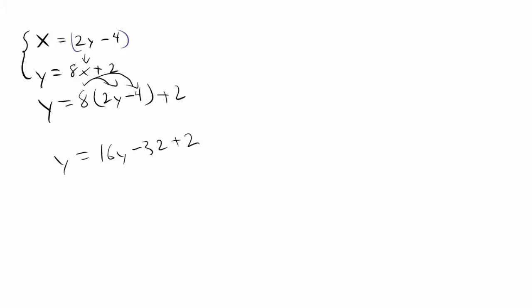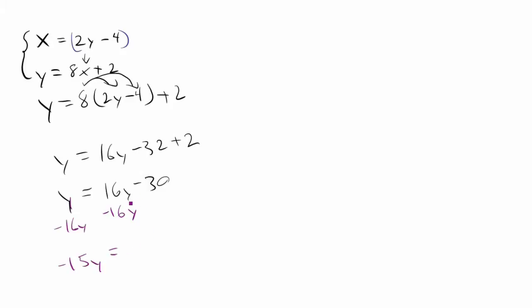I can combine terms. Negative 32 plus 2, I get negative 30 there. And now I can subtract 16y. I want to get y on the left side and only on the left side, so subtract 16y on both sides. On the left side I get negative 15y.